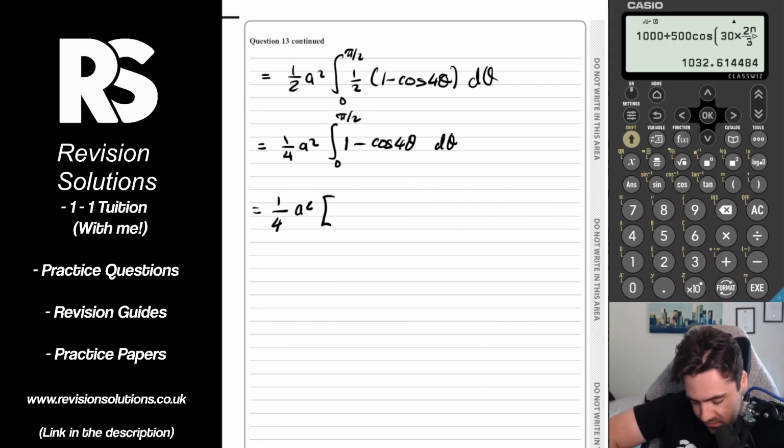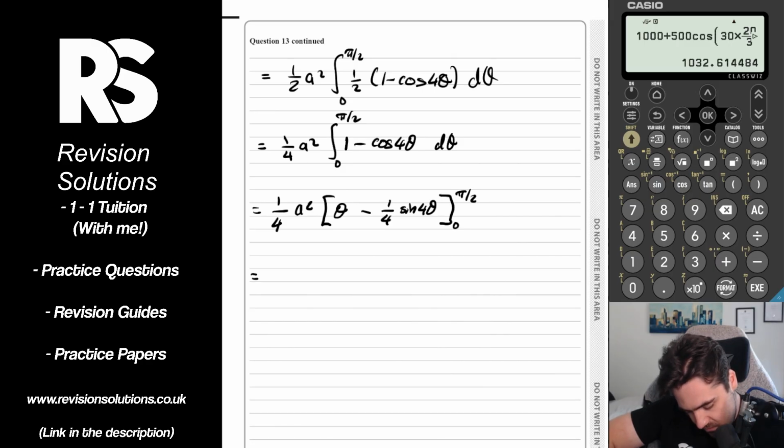So 1 integrated is just going to give us a theta. Then if we integrate cos 4 theta, it's going to be a sine 4 theta. If we think about it, differentiating that would give us a 4, which wasn't there originally, so we need to put a quarter in to correct for that. And then we need to plug in our limits of 0 and pi on 2.